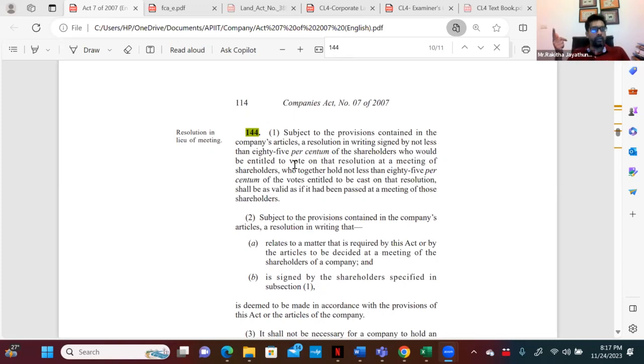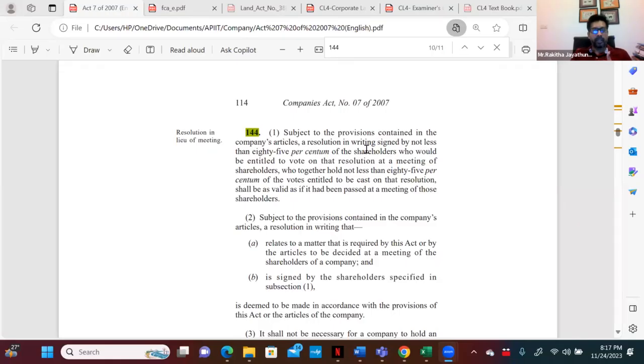If it is a special resolution, 75%. But here, it's not more than 50% and it's not 75%. The examiner has said some students have said 90%, but I don't know where you get that, because the section clearly says you need 85%. So you can reproduce this part.